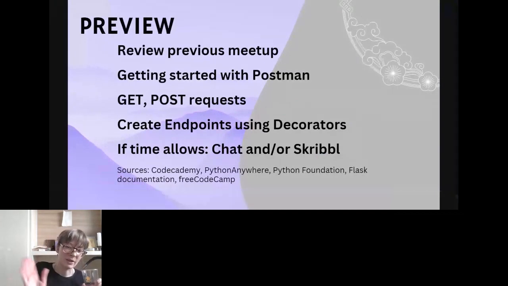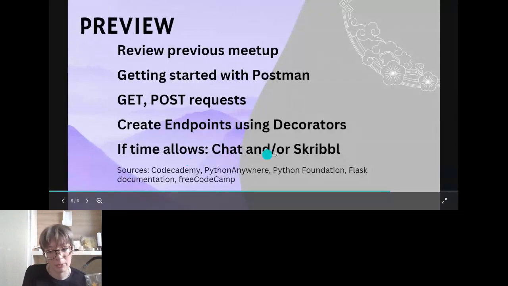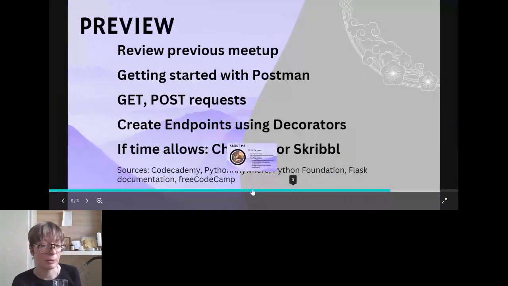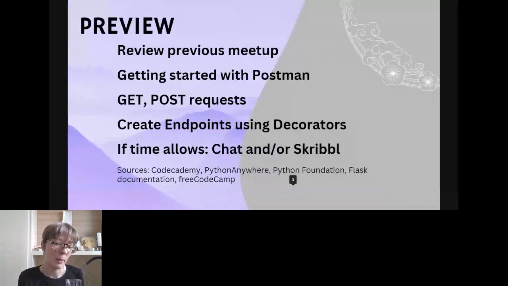This meetup I kind of really Frankensteined together from a mix of Codecademy and Python Anywhere, the Python Foundation, Flask documentation, and I've also used a free Codecamp video on creating a Python API. I have to say the free Codecamp video has probably been the most helpful.